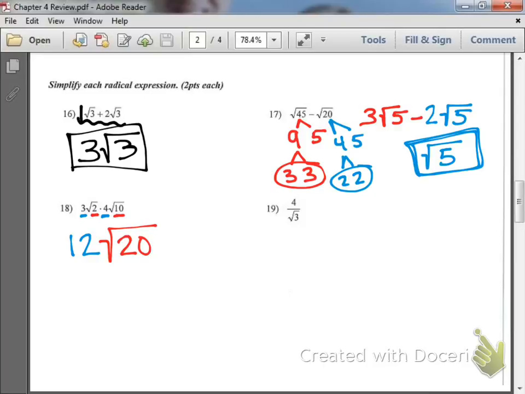Good. Now, if you stopped here, you'd be about halfway through the work, so you'd get about half the points. You set it up right, but you didn't follow all the way through. If you want all the points, you need to simplify when you can. This is 4 times 5, 2 times 2, so the 2's come out. What's 2 times 12?